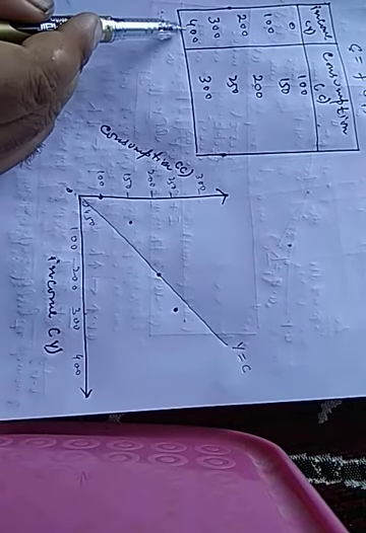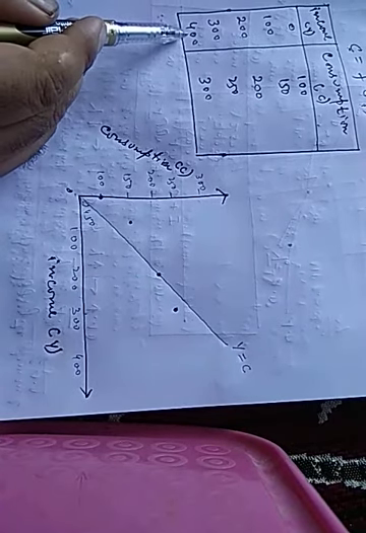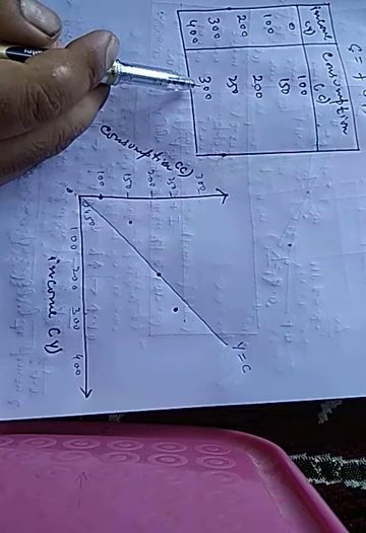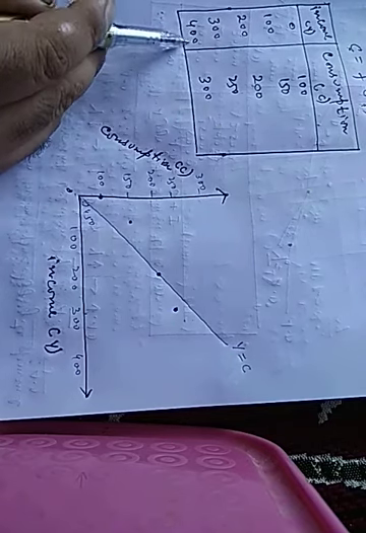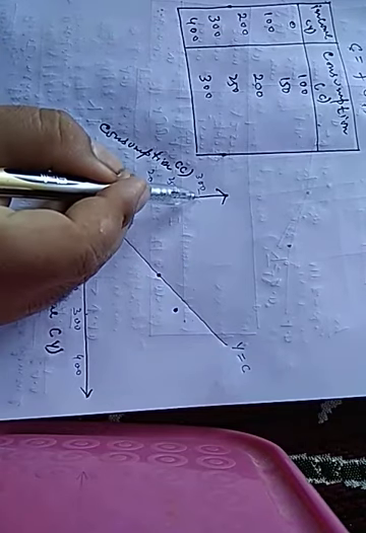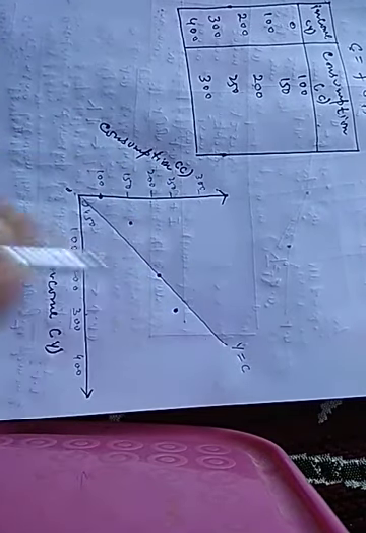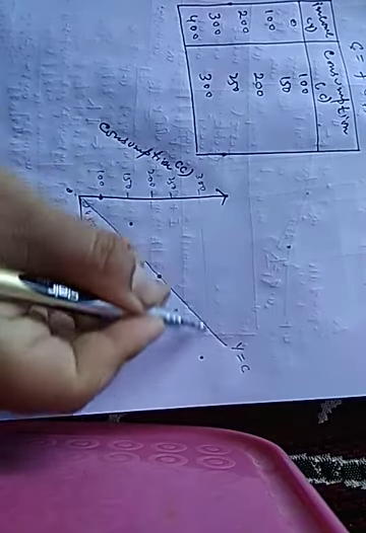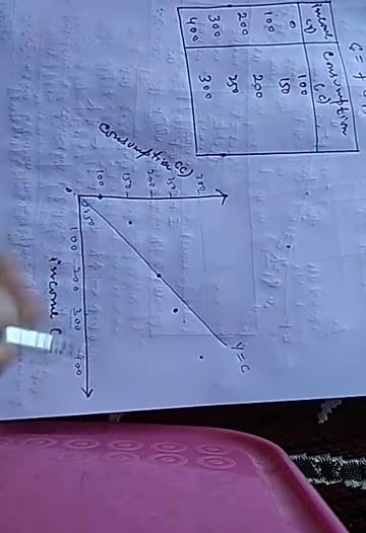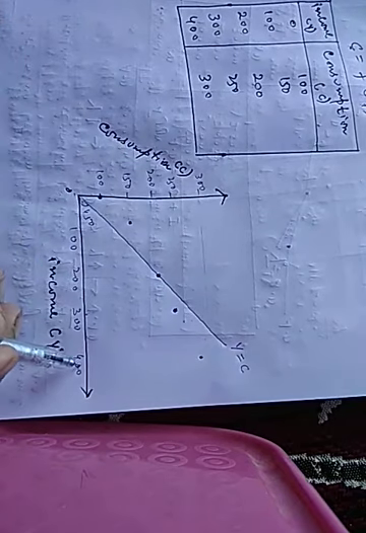And when income further rises to 400, consumption increases only to 300 units, means less than income. Consumption is 300 when income is 400.